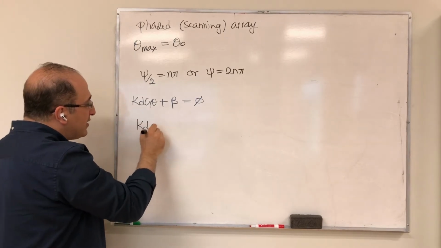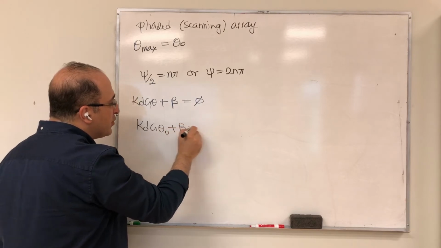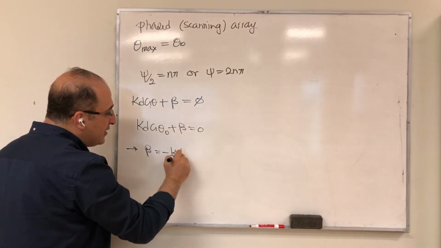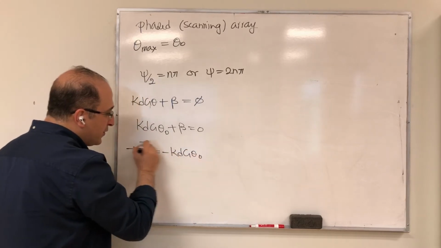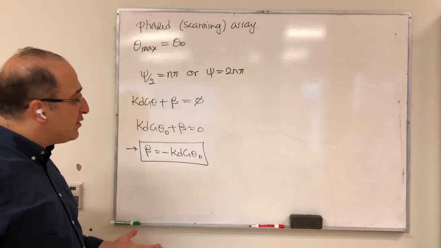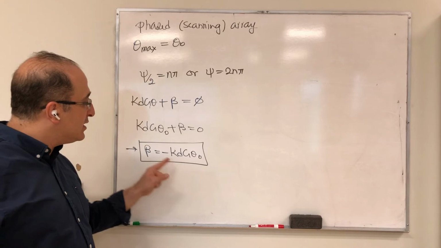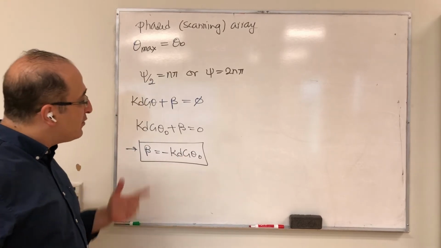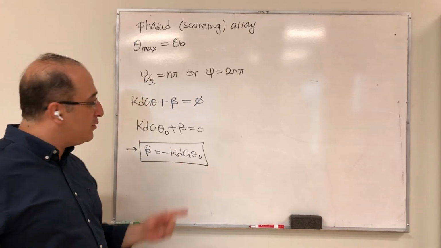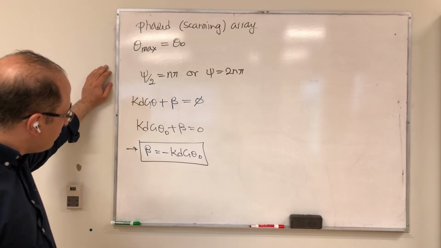So you say kd cos theta naught plus beta needs to be 0. Therefore, beta should be minus kd cos theta naught. So this is what we have in general. And this is consistent with broadside, because if it's broadside, then you have cos of 90, which is 0, so beta becomes 0. If this is theta equals 0, you get minus kd. If this is theta 180, you get plus kd. So everything makes sense in this case.